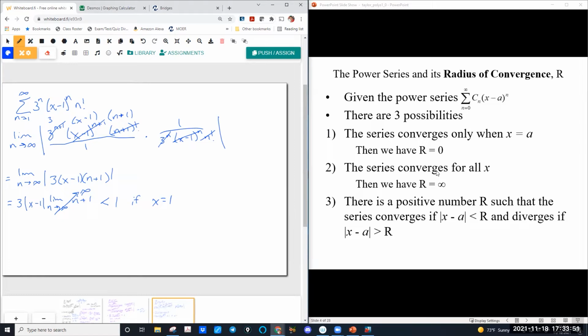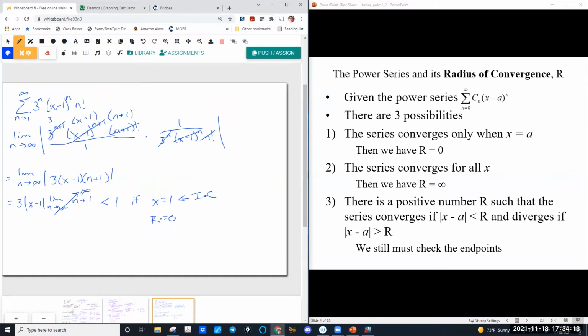So this is our last case. It only converges when x equals a. We can see that 1 is where it's centered. So x equals 1 is the only place. So that actually is our interval of convergence, and our radius of convergence is 0.